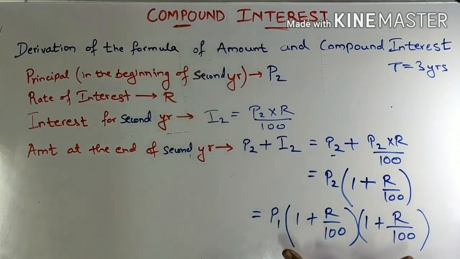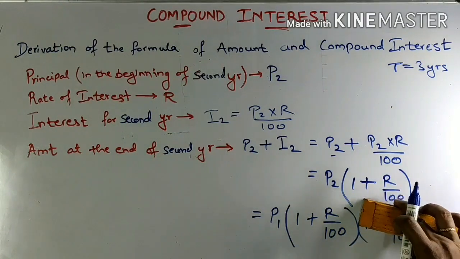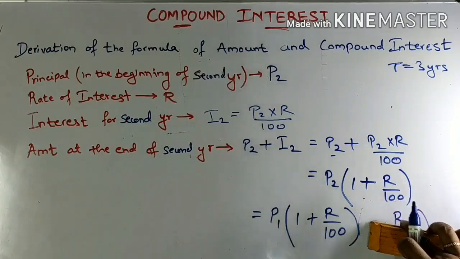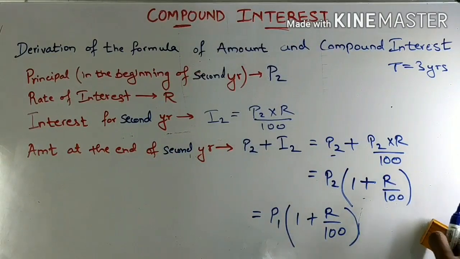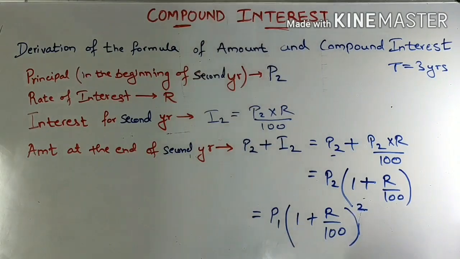You can still reduce this step because you see the brackets are same, and we are well aware that if the same brackets are multiplied twice, I can write it as the bracket raised to the power 2 or square of that bracket.